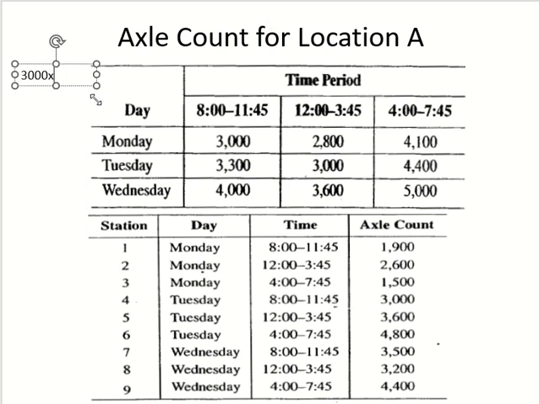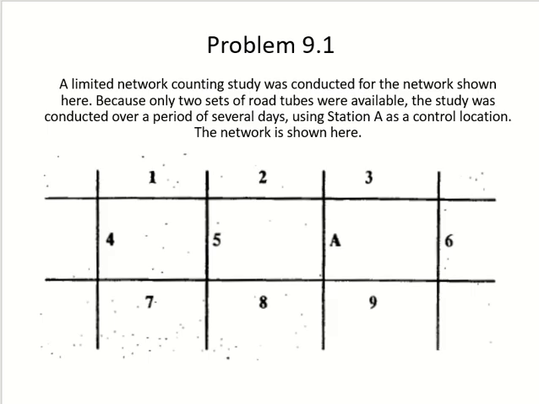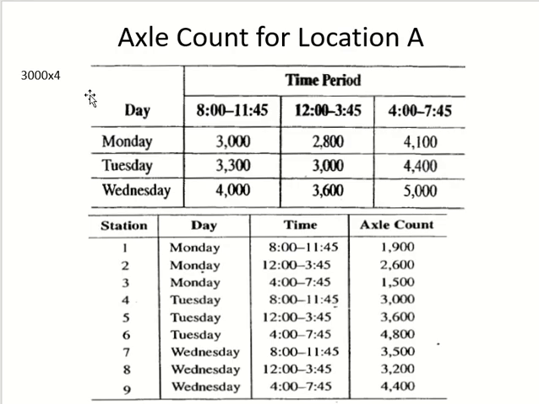Multiply by 4, because you want it for 4 hours, and divide by 3 point how much? 45 minutes means 0.75. You have to do it for each value, because each value has to be converted to 4 hours. You have to fill the gap. Clear?